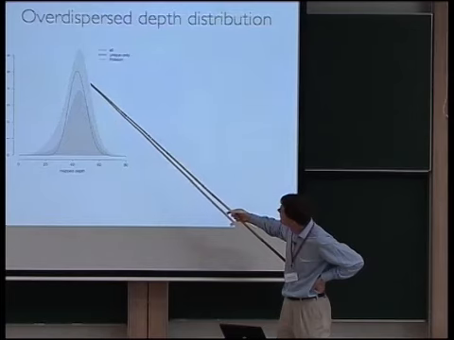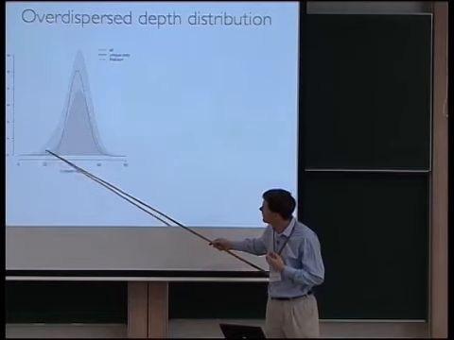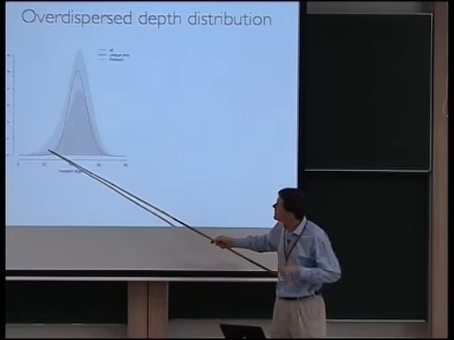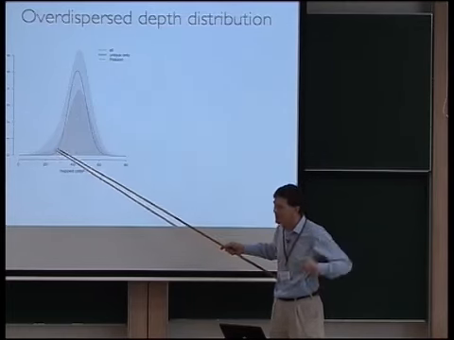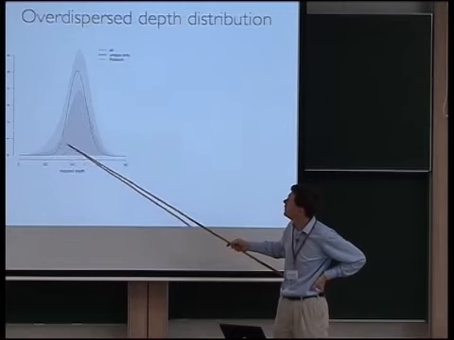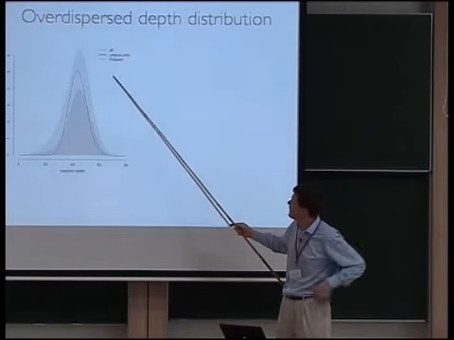So anyway, you can see that the gray is over-dispersed. Upsettingly, more of the genome has low coverage than you would expect according to a Poisson distribution. Now, part of that is due to uniqueness.